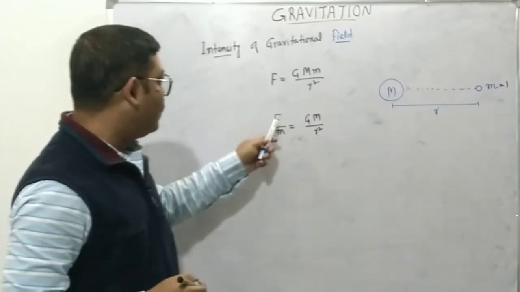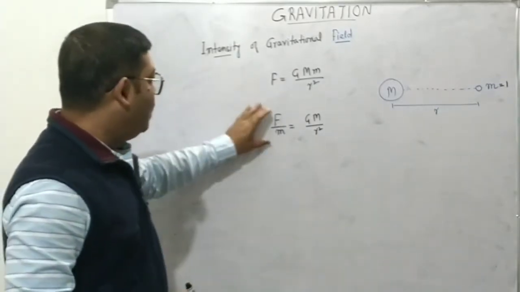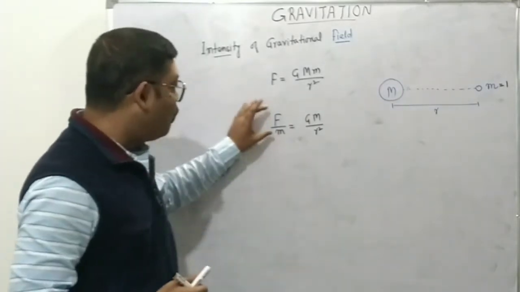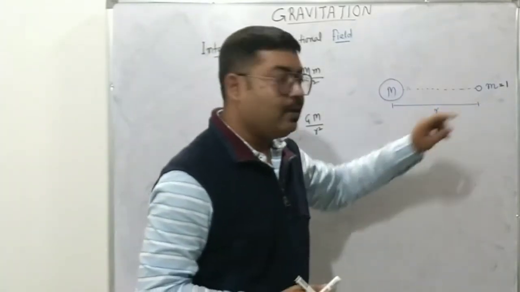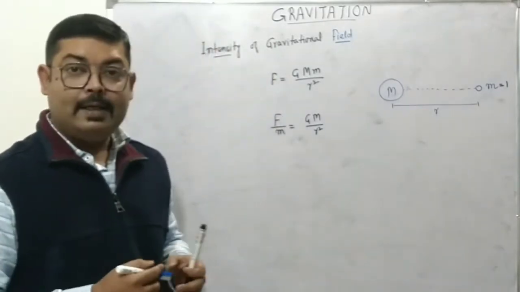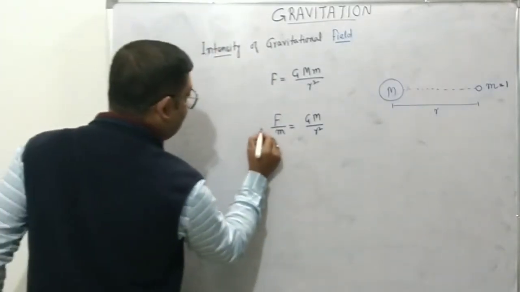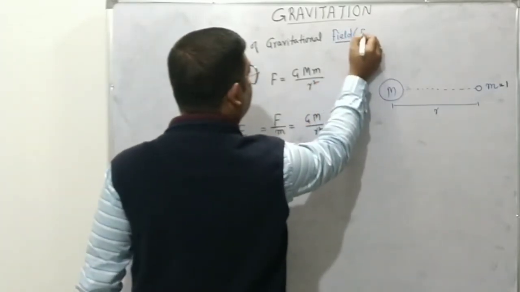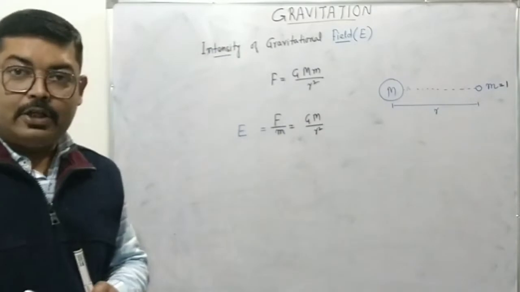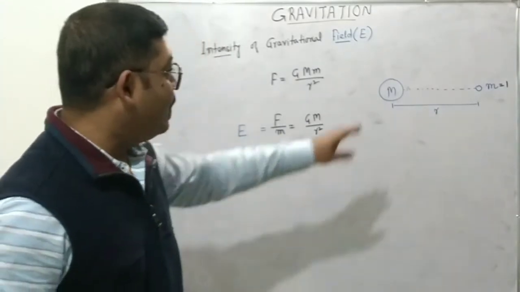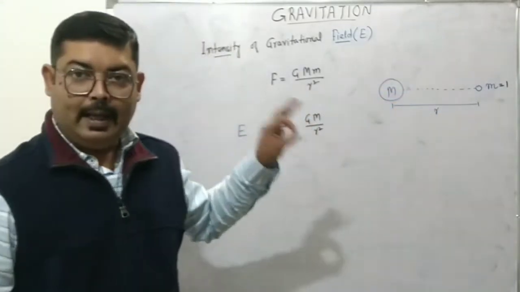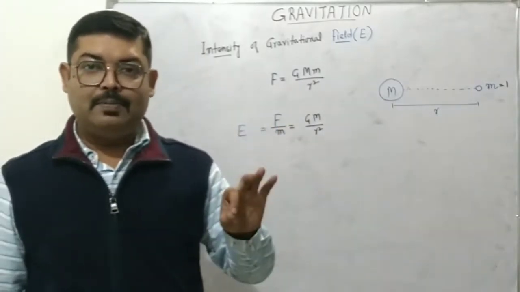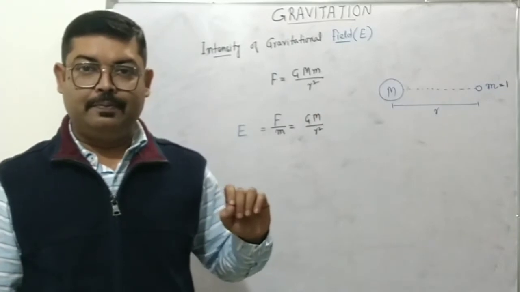which is, what we are doing by the unitary method, F by m is force per unit mass. So this force per unit mass at that particular point is known as the intensity at that particular point. That is to say, this is equal to gravitational intensity E. So the intensity of a gravitational field at any point is given by the force experienced by a unit mass placed at that particular point.